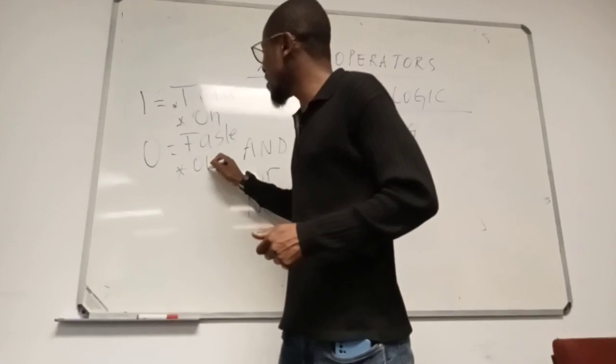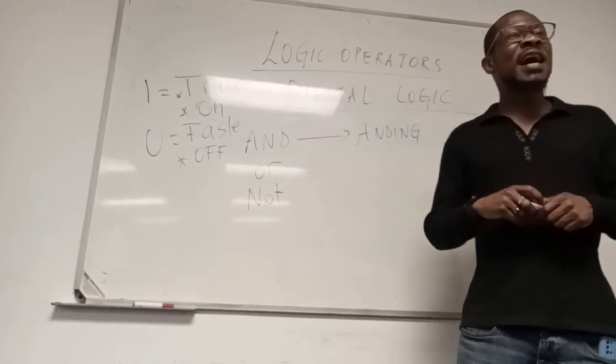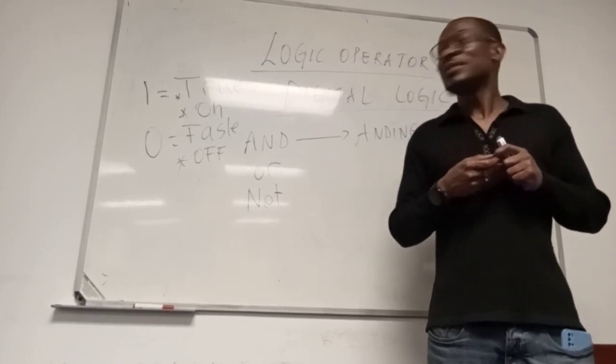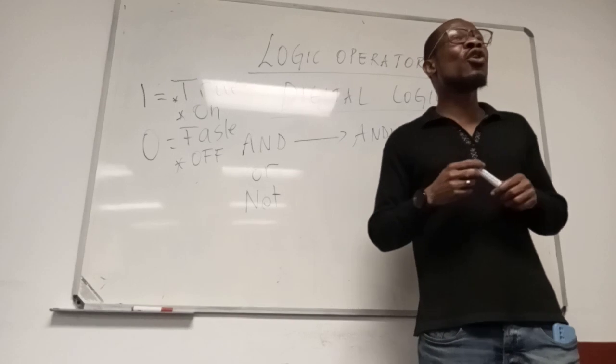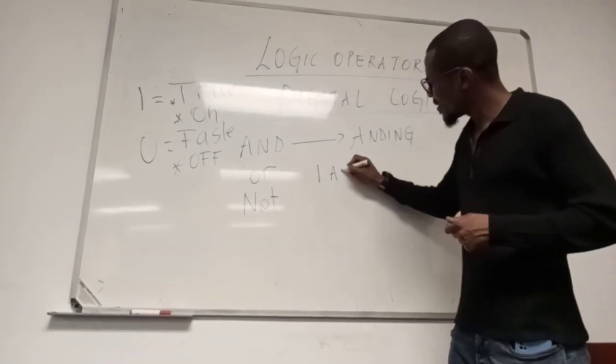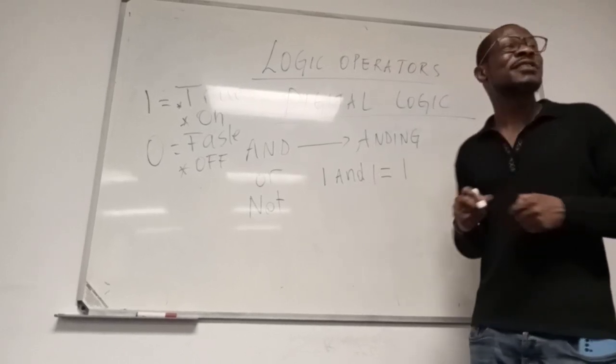You can also say it's off. Now, you can try to compute. 1 and 1 will always give 1.